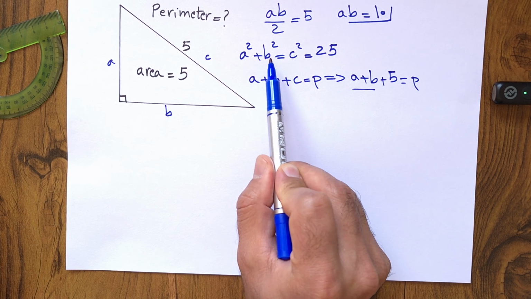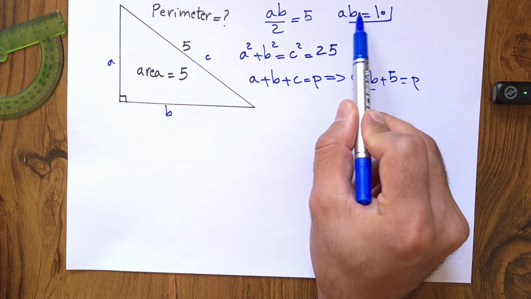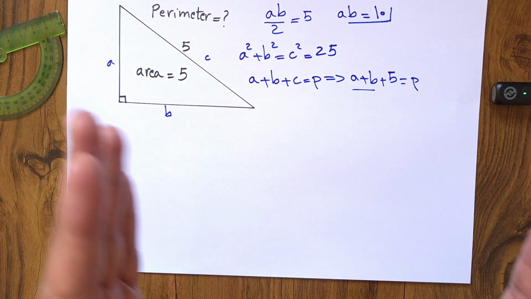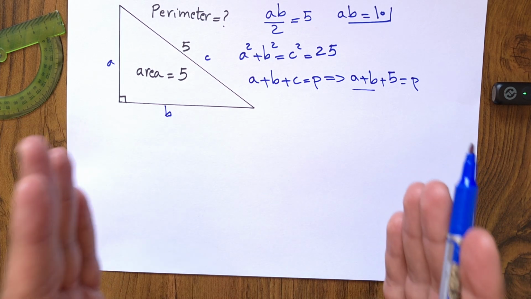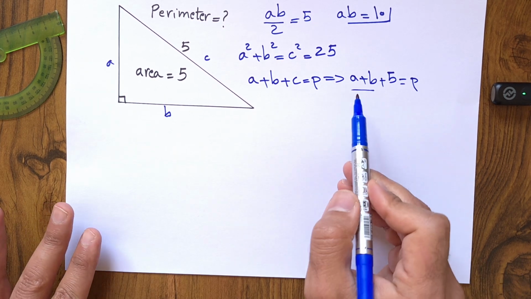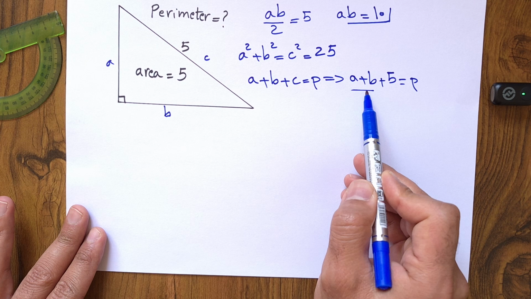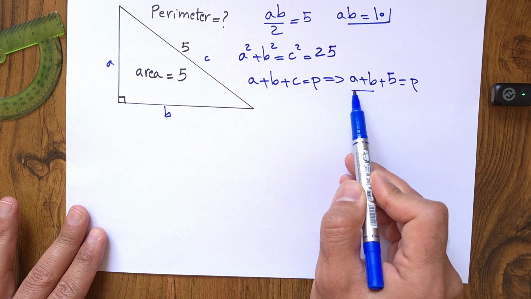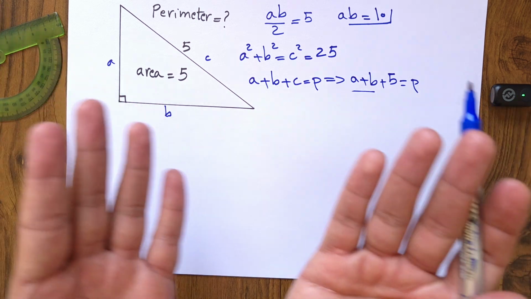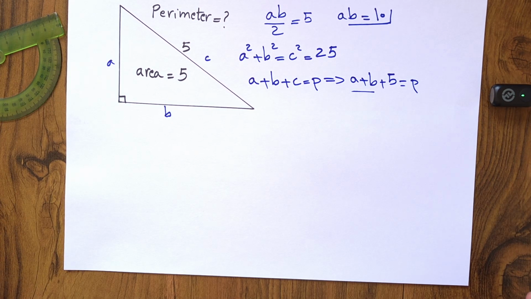So A squared plus B squared, for example, B is 10 over A, squared, equals 25. That's a longer approach. We can calculate A and B separately. But what if there is a way to calculate the value of A plus B, not separately, but as one entity?